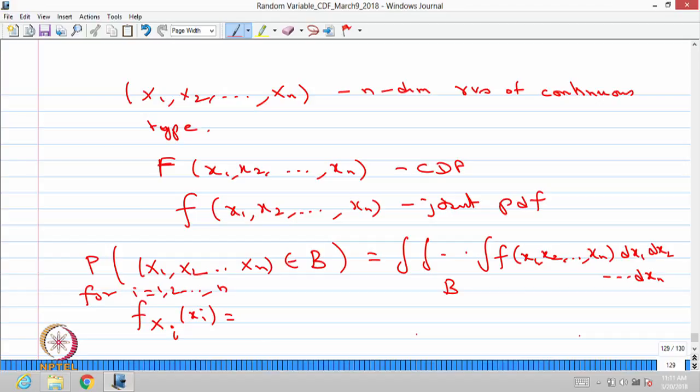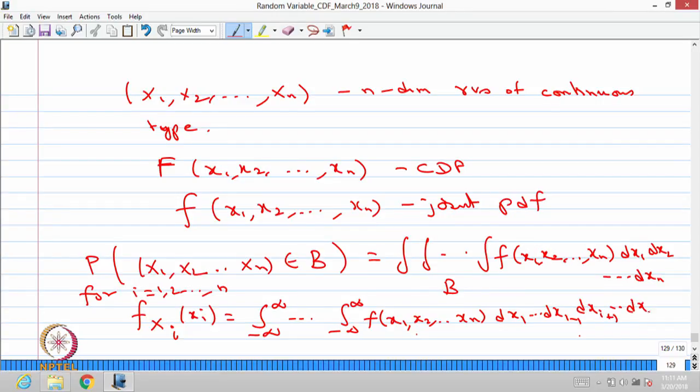You can always find the marginal distribution of any one random variable from the n-dimensional joint distribution by integrating the joint probability density function of the n-dimensional random variable with respect to x1, up to xi minus 1, xi plus 1, up to xn.